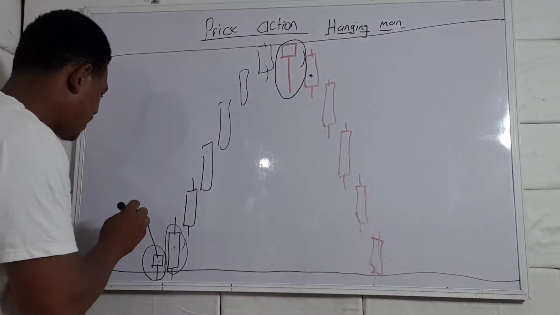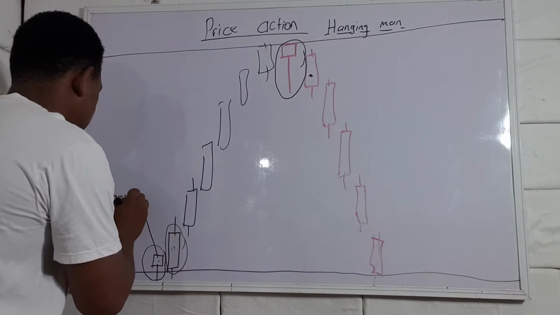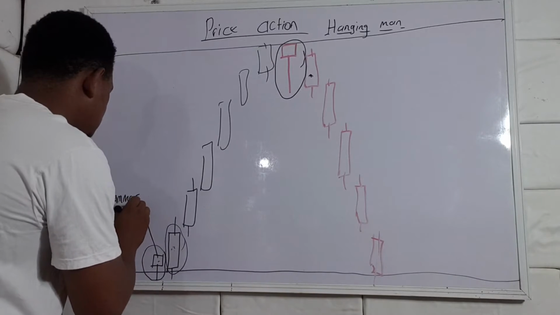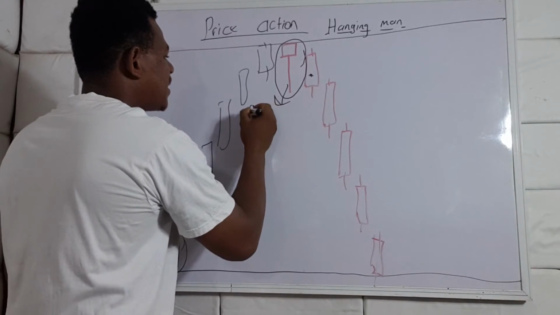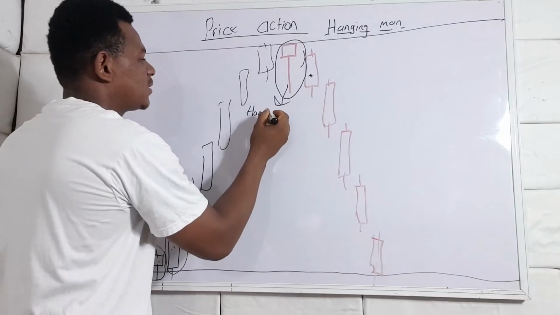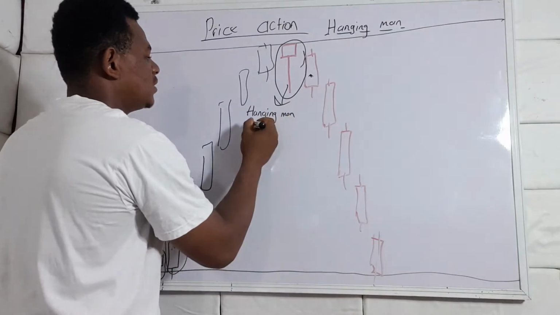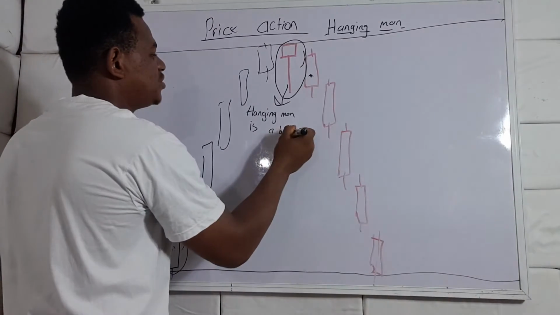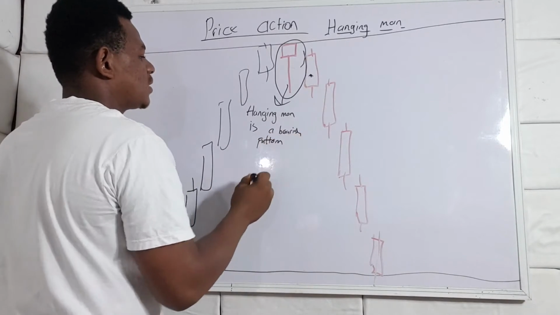So the hammer is a bullish candle, while the hanging man is a bearish pattern candle.